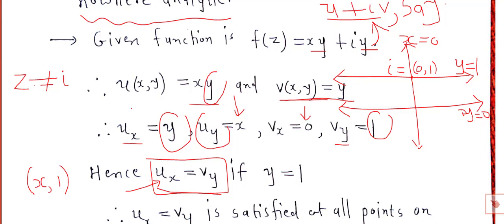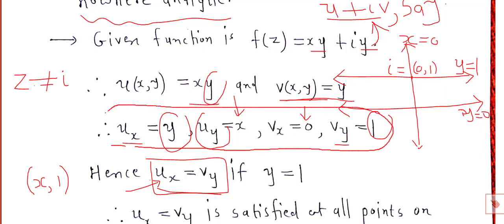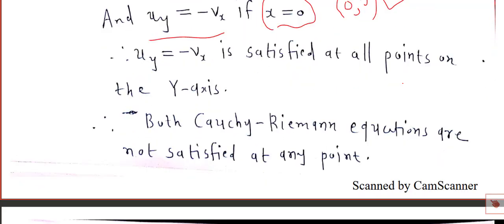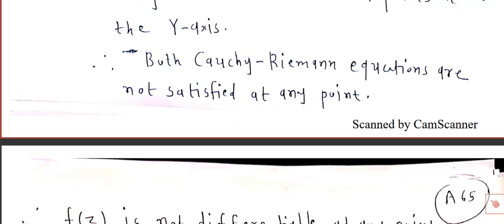And we can see these partial derivatives are polynomial functions, and they are continuous at every point, therefore they are continuous at the point (0, 1) also. Okay, here this is a mistake.